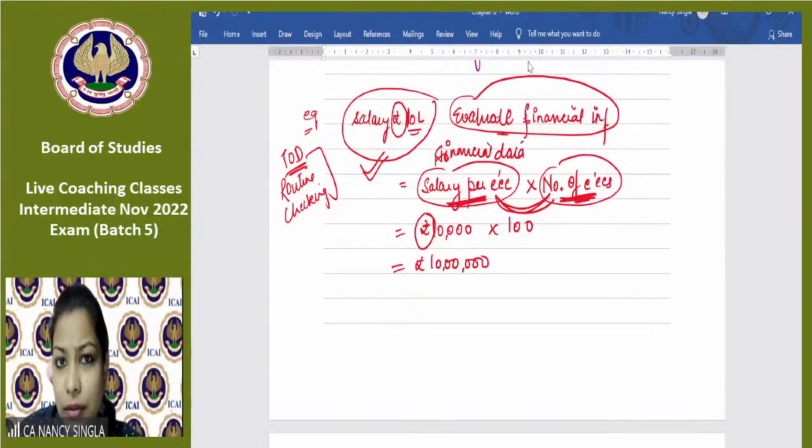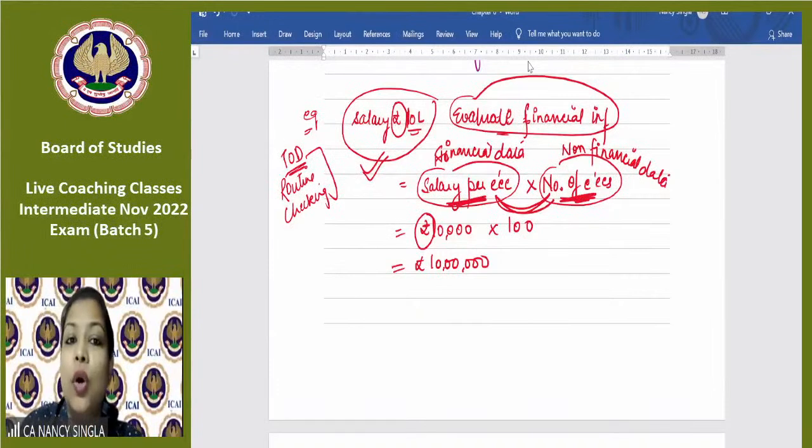It is not a financial data. It is non-financial data, because it is not in rupees. So the auditor is evaluating the financial information through study of relationship between salary per employee and the number of employees. And he concludes that this is fair enough.